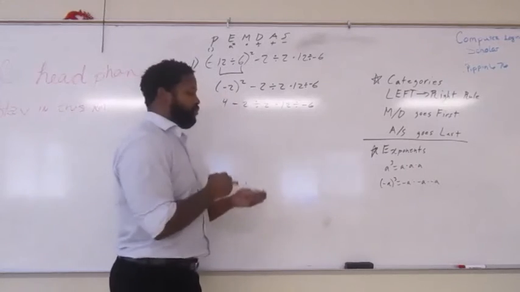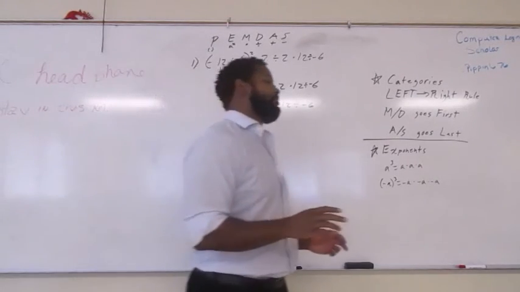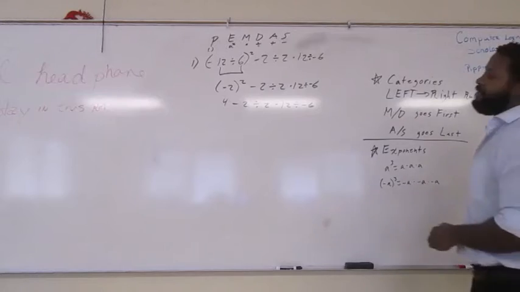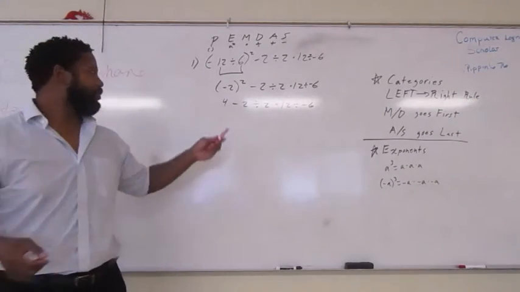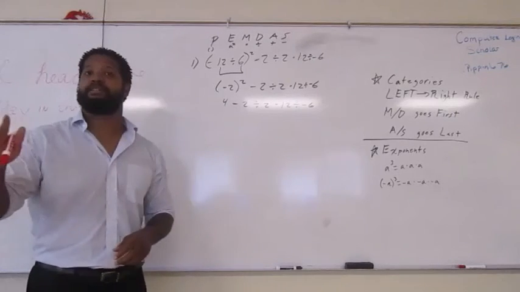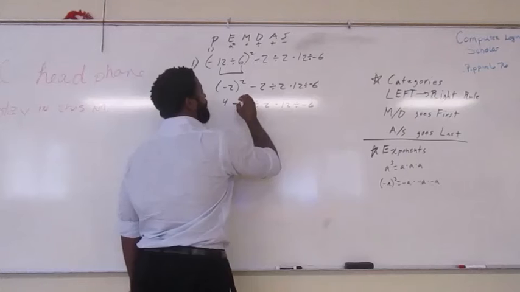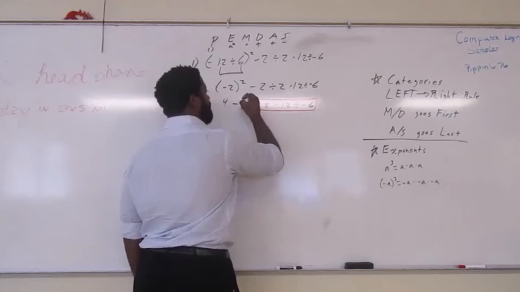Now, this is where the category comes into play, all right? Pay close attention, all right? This is where your category comes into play. If you notice, we can't necessarily do the left to right rule because of this subtraction sign right here. But what we can do is the left to right rule right here with this category, okay?